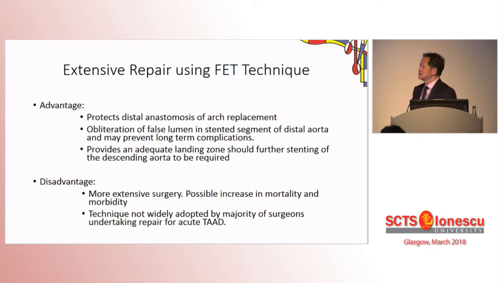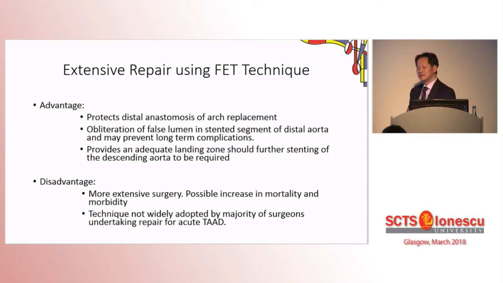So to use a frozen elephant trunk in acute dissection, I think when I first used it in the acute dissection setting, my thought wasn't really in preventing future complications of patients that survive. Actually, it was done because most of us who do acute dissection surgery, the problem comes from the distal anastomosis.